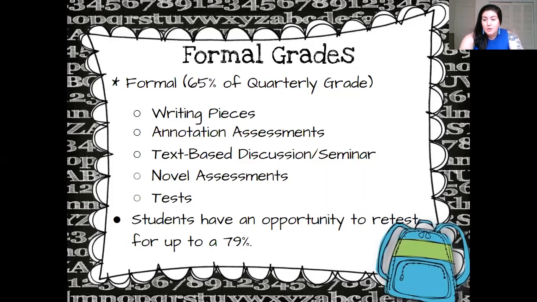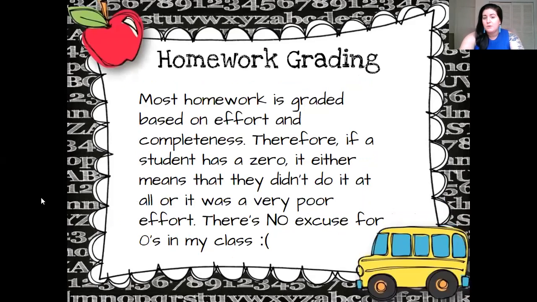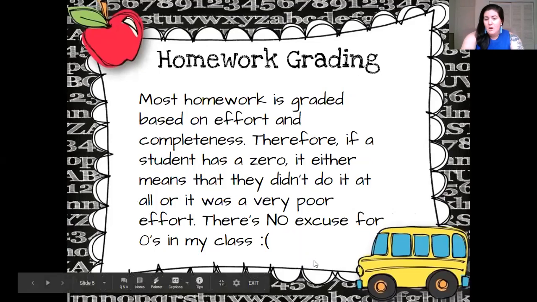They do have the opportunity to retest for up to a 79, but as far as homework goes, most of the homework is going to be graded based on effort and completeness.